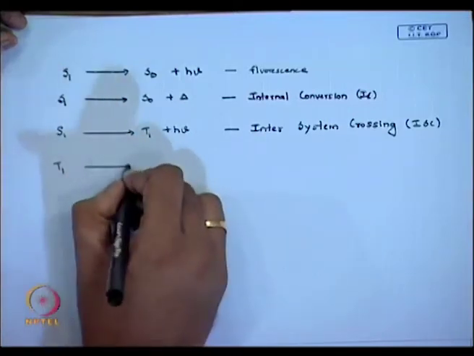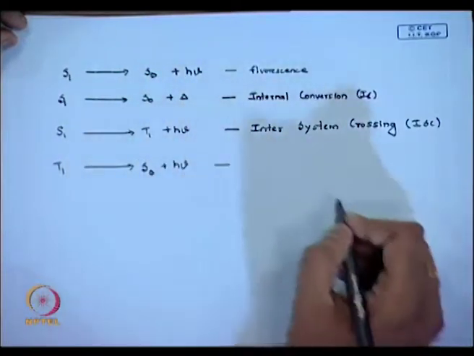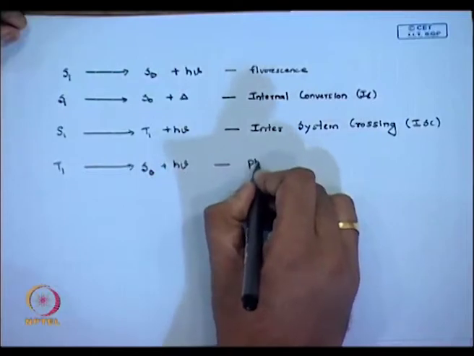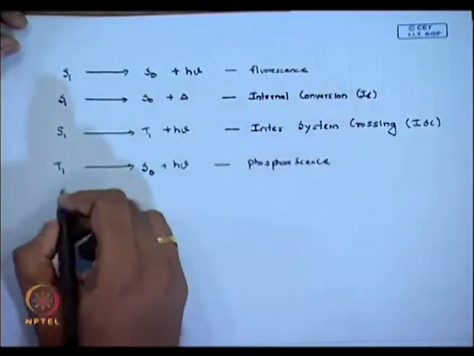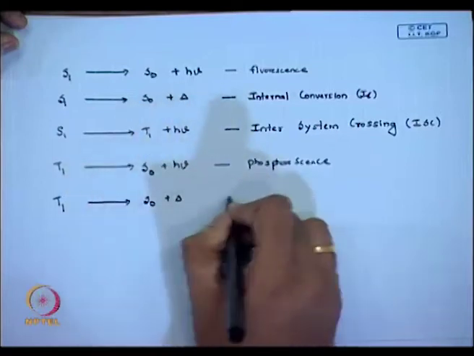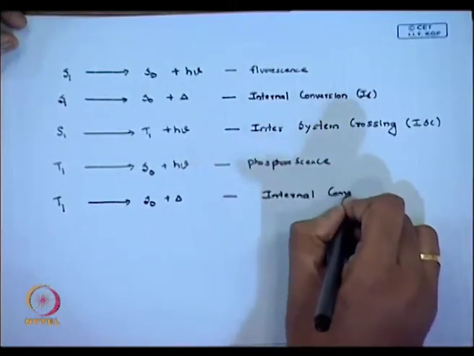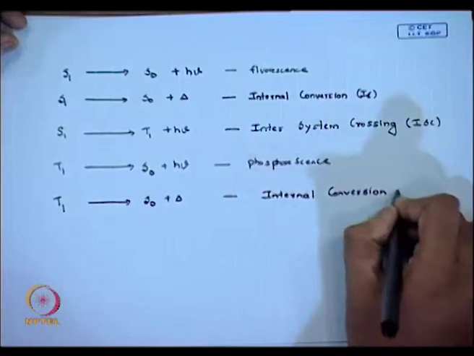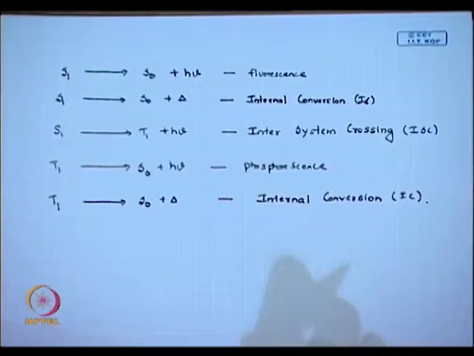Then if you have T1 to S0, you call this, very good, phosphorescence if it gives out light. Again, the non-radiative version you can call internal conversion. So, it can do all these types of things, that is clear.